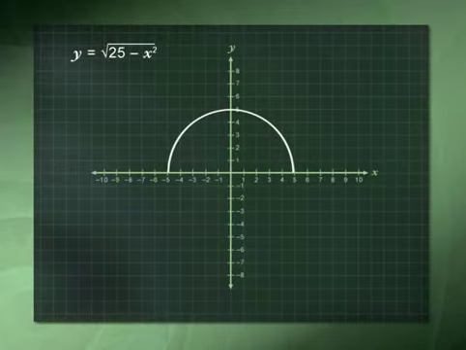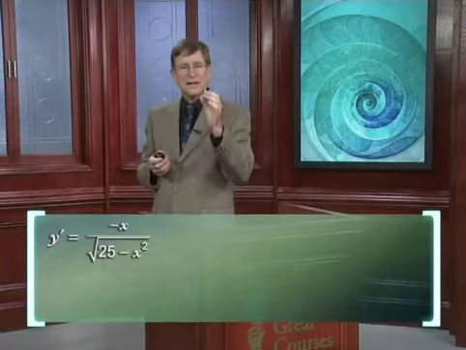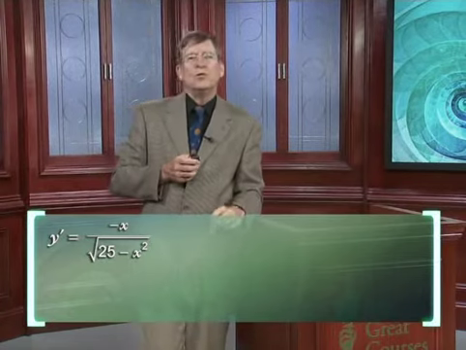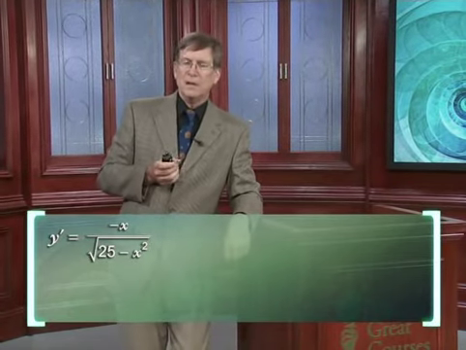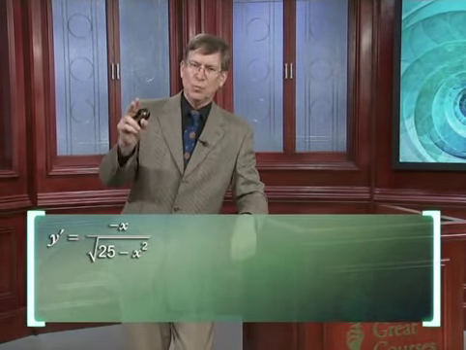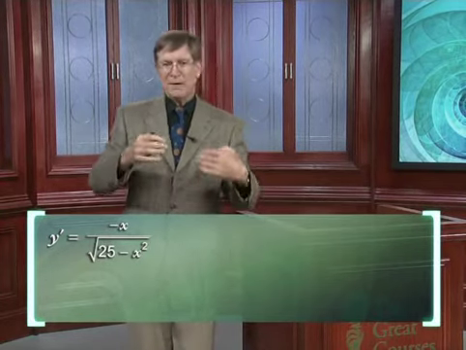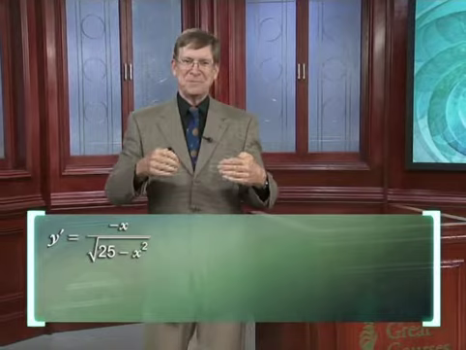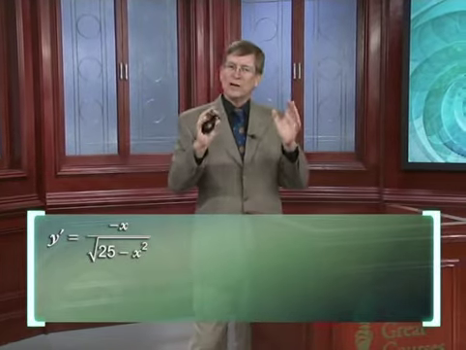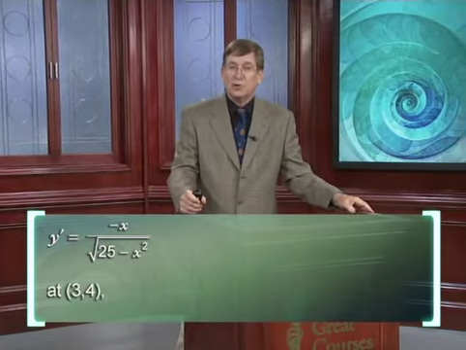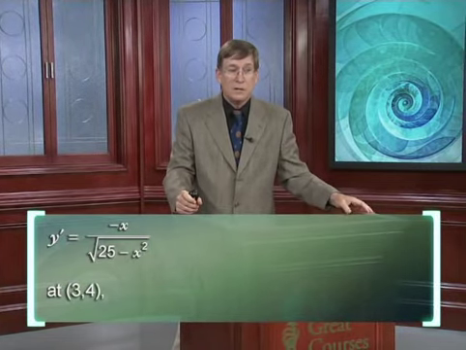So what kind of derivatives can we now calculate with our formula? The derivative is minus x over square root of 25 minus x squared. That's telling me the slope of this semicircle at various points. We're going back to kind of basic principles here. Let's make sure we're comfortable. 3, 4 is on that semicircle.